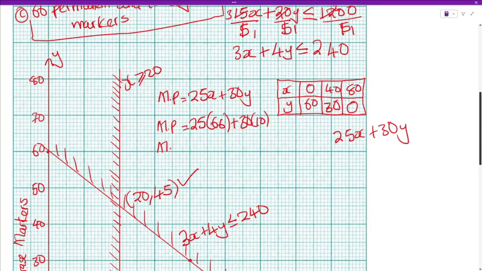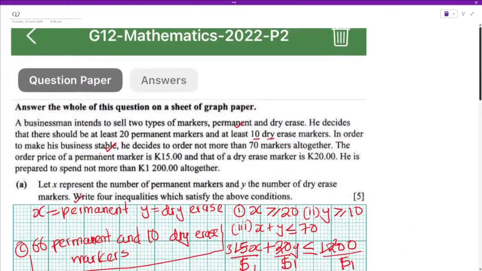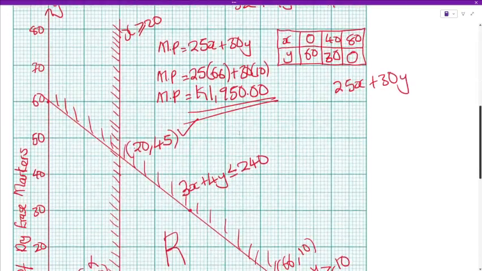Maximum profit is equal to 1950 kwacha, and you are done. Ladies and gentlemen, this brings us to the end of linear programming paper 2.